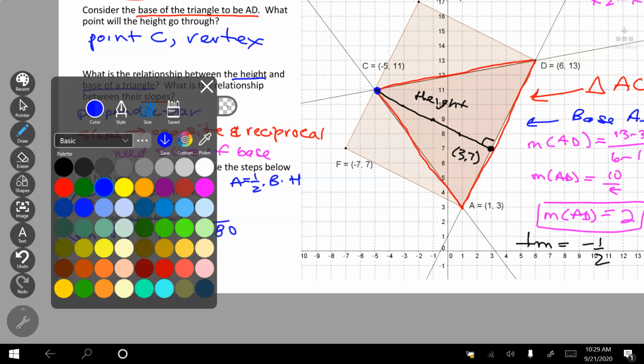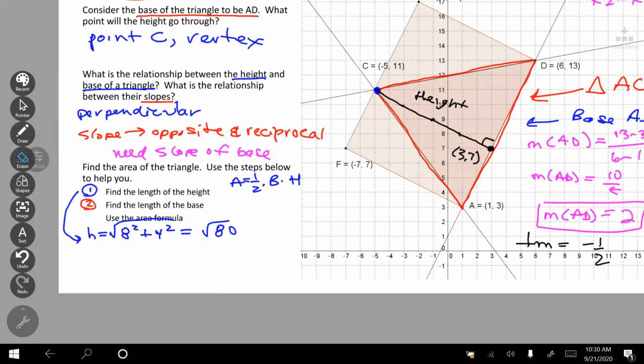My base is this side here. Again, I use my distance formula, change in x squared plus change in y squared, and I get my base is equal to change in x is 5 squared, my change in y is 10 squared. And I get the square root of 125. And I could do my formula.